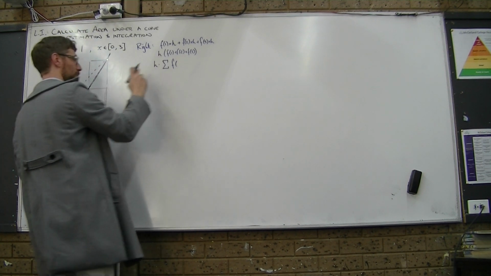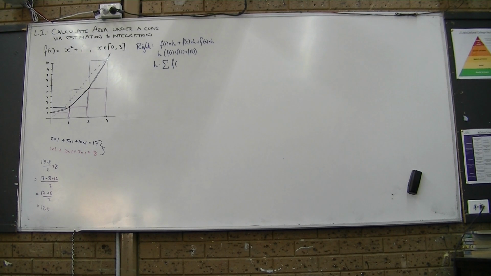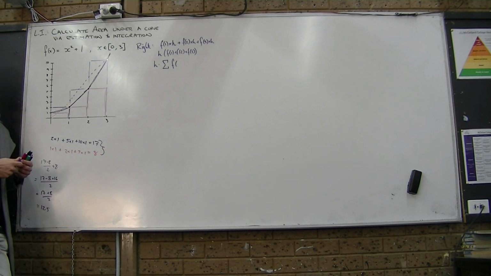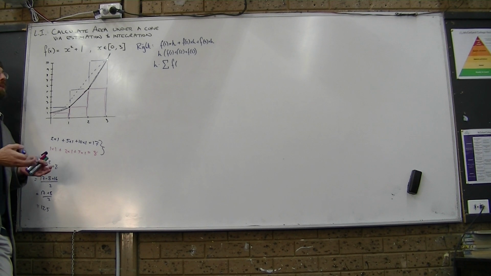Let's go back to this because that might help to clarify. With sigma, should there be things above and below it? Oh, wait, yeah. Do we usually look at the bottom or the top first? Bottom. So you start at the bottom, all right? What does it say at the bottom?